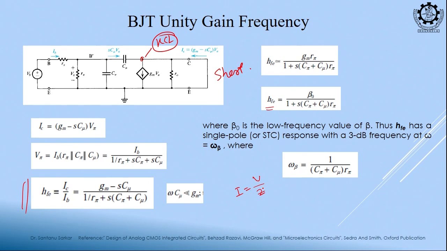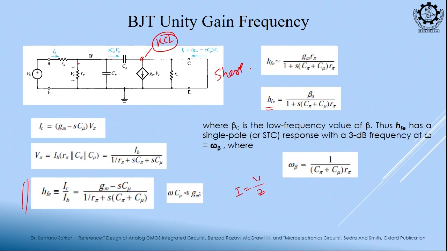The impedance is 1 by j omega C, and if you invert it, it becomes j omega C into V. So, this is just a KCL in the Laplace domain. You can put s equal to j omega to convert it into the frequency domain. So, do not worry about all these big terminologies. If you just do a KCL here, you can arrive at this.